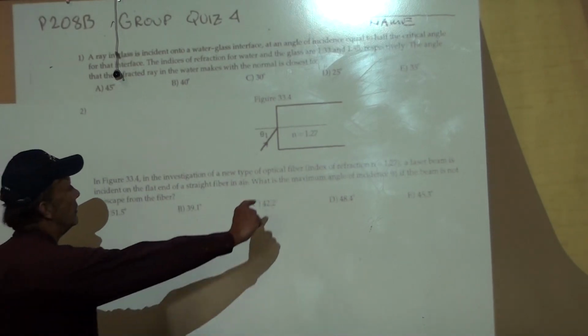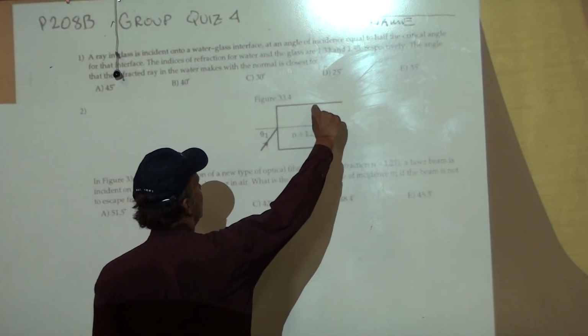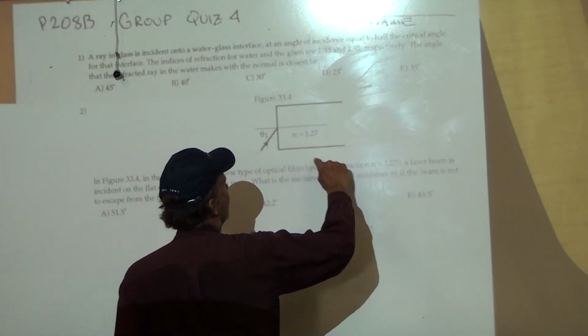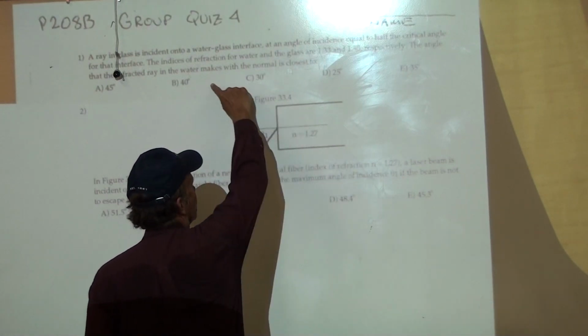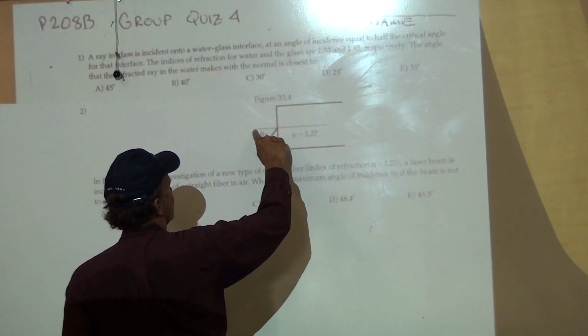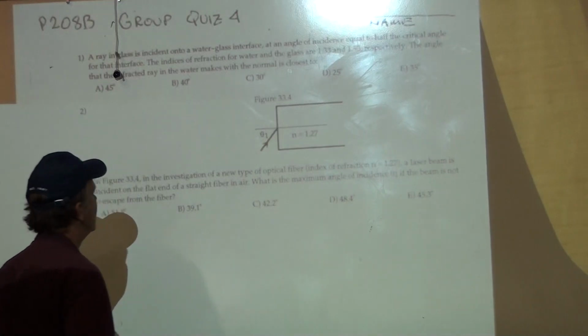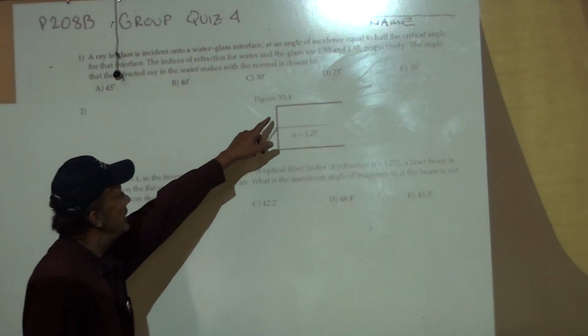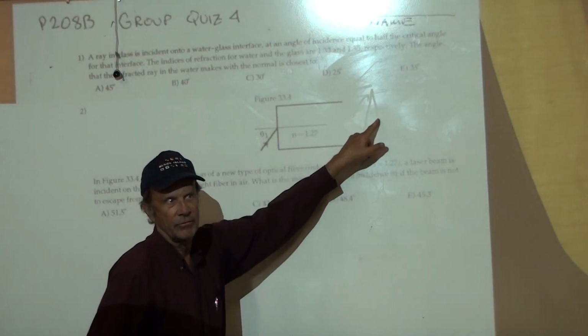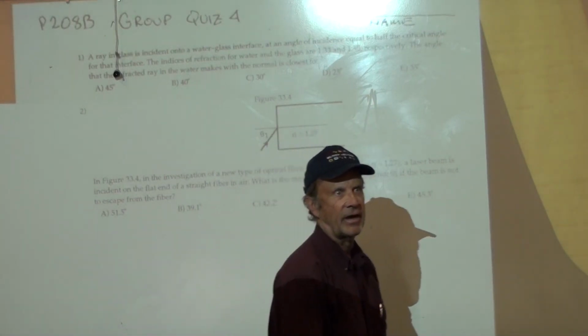In other words, it comes through here, and we don't want any light to come out there or there. So the angle could be coming in like that too. What is the maximum angle such that we get total internal reflection when this thing is bouncing around on the inside? So that's the second problem.